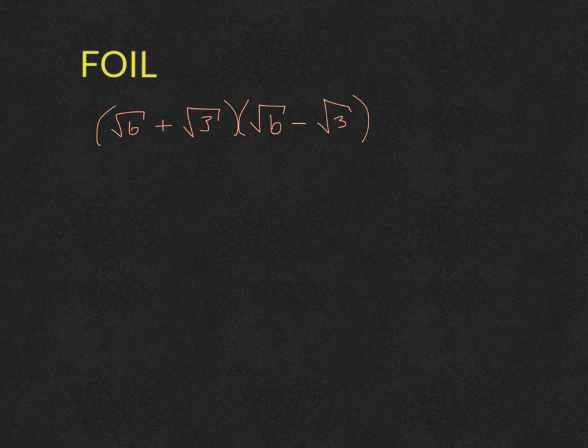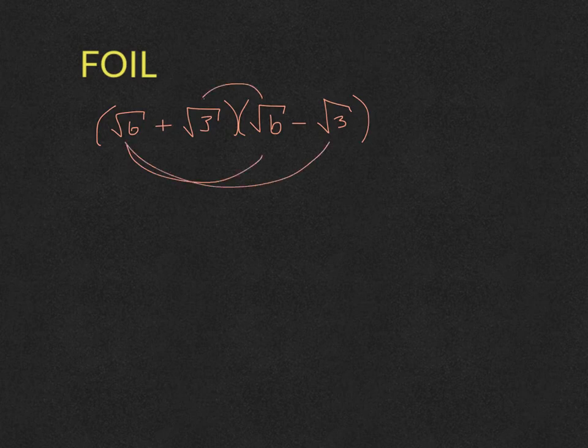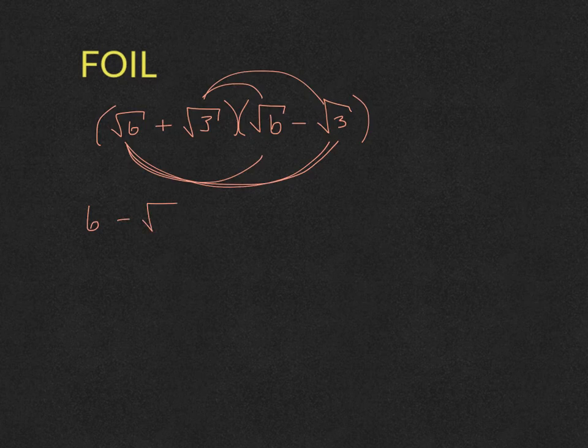Let's take a look at one last problem. So I'm going to go first, outer, inner, last again. So the square root of 6 times the square root of 6 is the square root of 36, which is just 6. The square root of 6 times the square root of 3 is negative square root of 18.